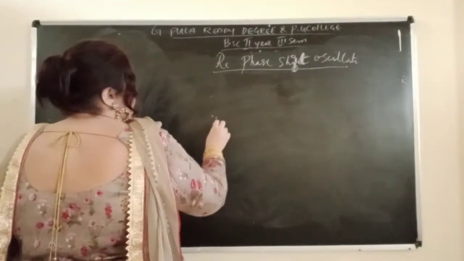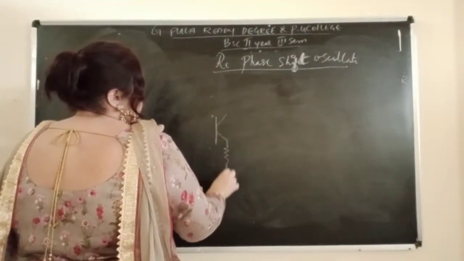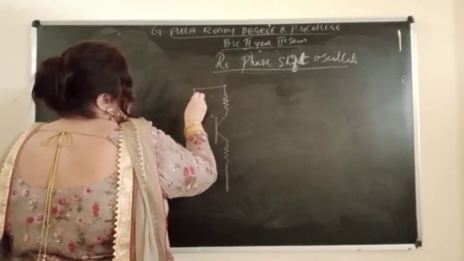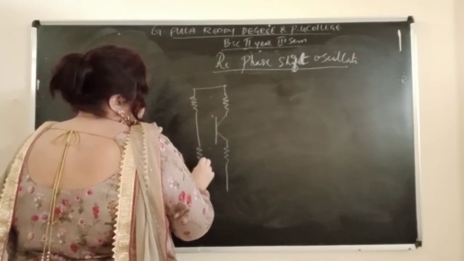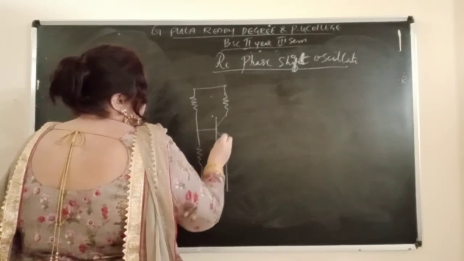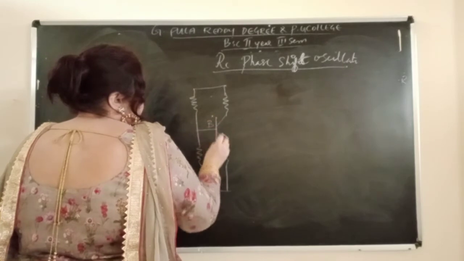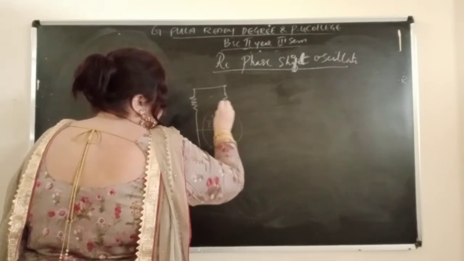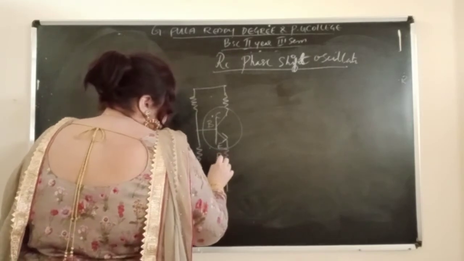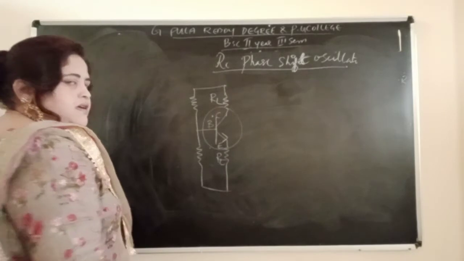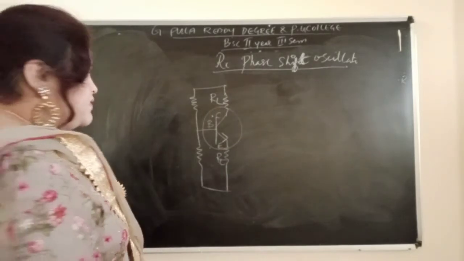First you should draw an NPN transistor, then a resistor here, then the equivalent resistance here. Then make it common emitter type, put one line, mark it base, emitter, collector, and circle it. Then this is RE, this is RL, the load resistance. RE is nothing but the emitter resistance.